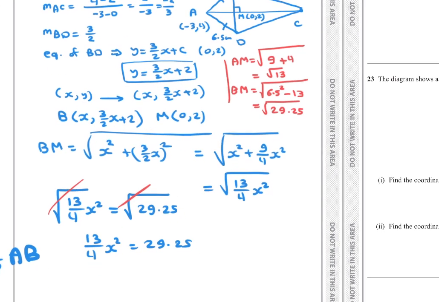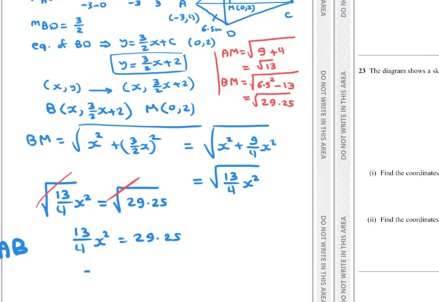So now you can find X squared equals 29.25 divided by 13 over 4 equals 9, so X equals positive or negative 3.